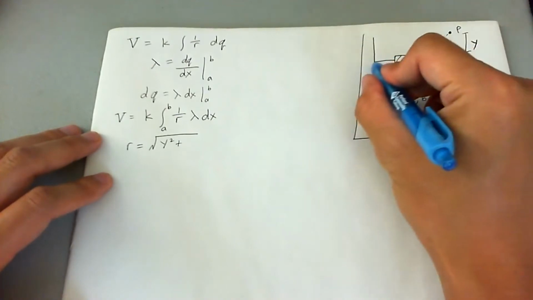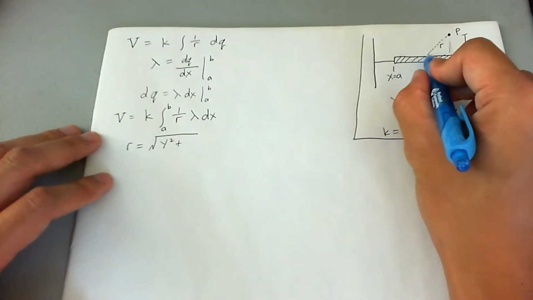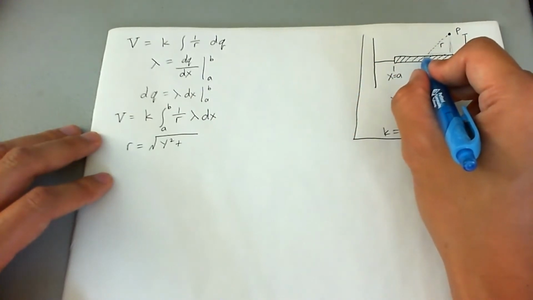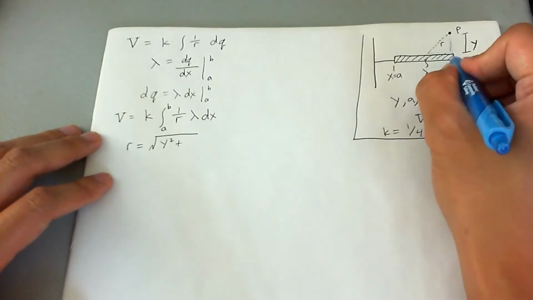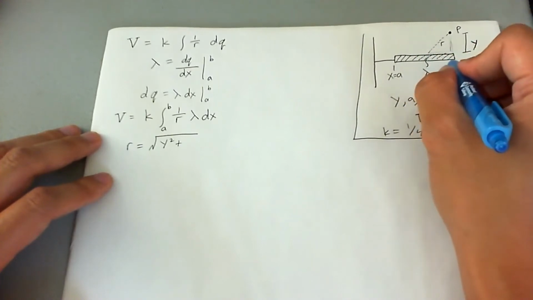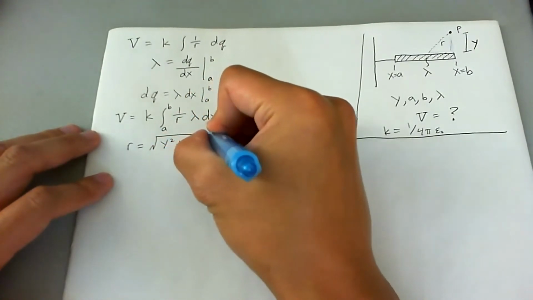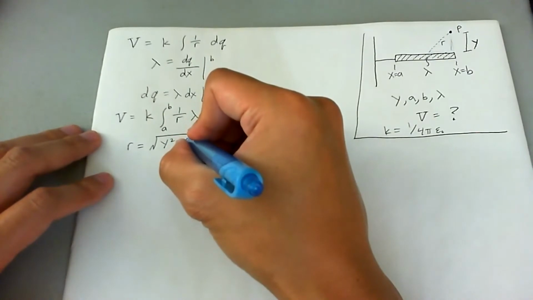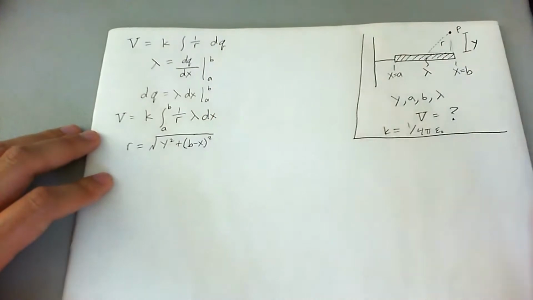So b is this length here. x is just going to be some sort of variable length from the origin to wherever we're looking at connected to P. It's going to be, say, right here for this particular case. So the difference between here and here is just going to be the length of this element. So the second leg of this right triangle that makes the hypotenuse r is going to be b minus x squared.